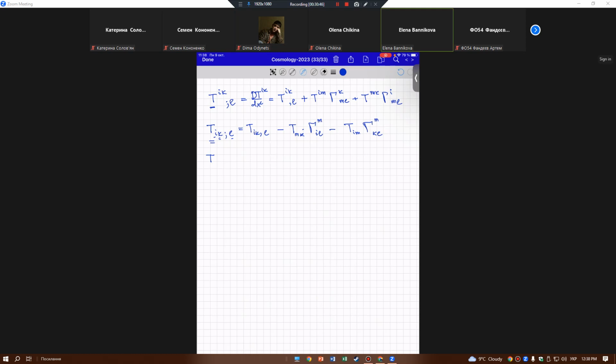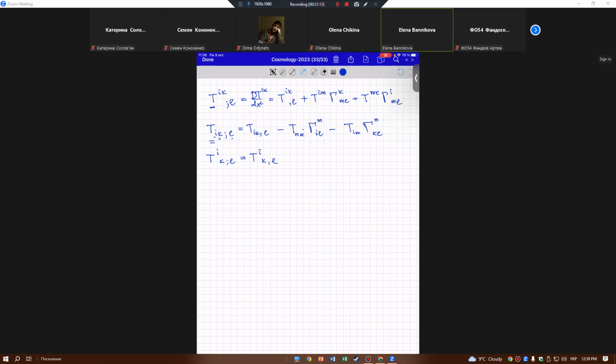So, and the third one, the mixed tensor of the second rank, t_i^k, covariant derivative l. Again, we understand that we put it like this.